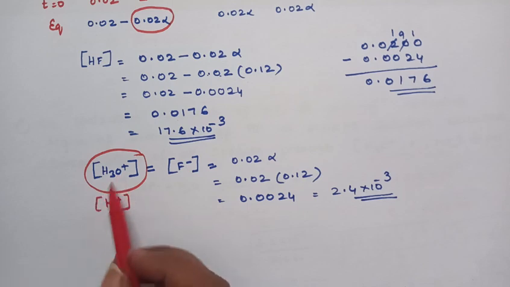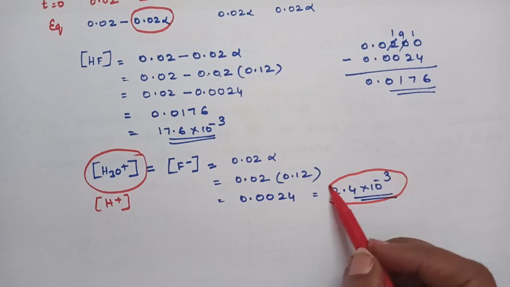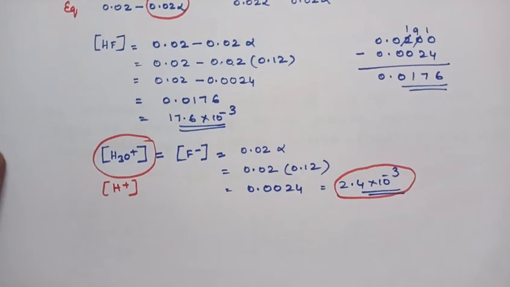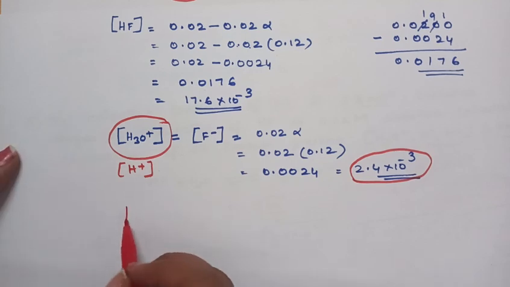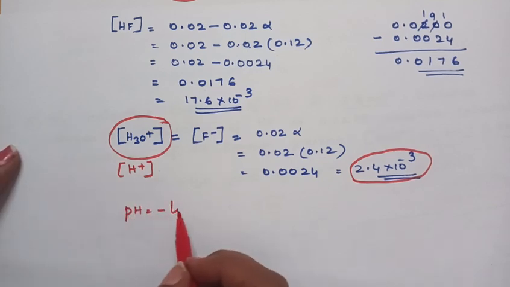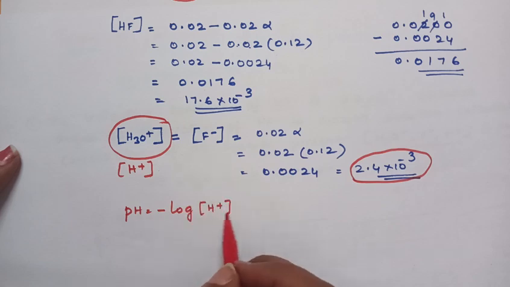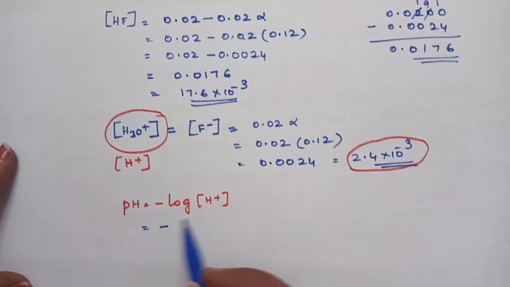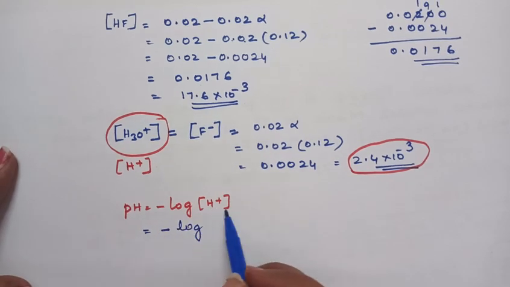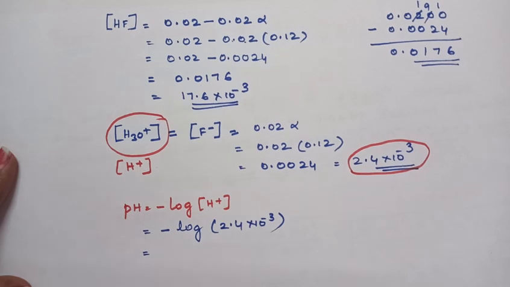Substituting the value, this is equal to minus log of 2.4 into 10 to the power of minus 3, so 3 minus log of 2.4.